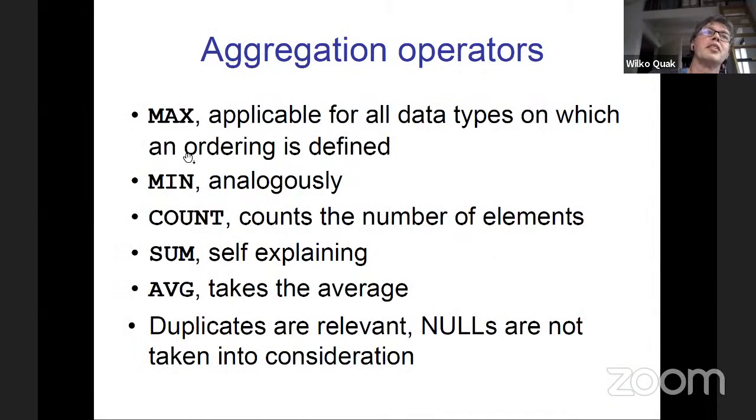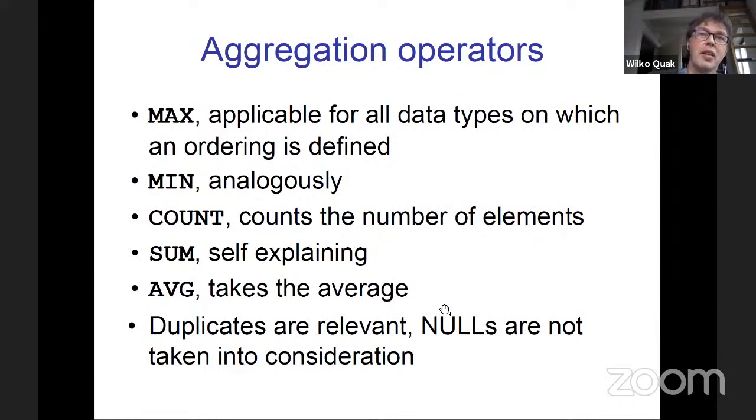And of course, there's max, minimum, count, sum, average, and all kinds of statistic stuff. One important thing to know is that duplicates are relevant and null values are not taken into account. So if you want to count all the students in a database, it depends on what column you start counting, because if you have a column with null values, they are not counted.